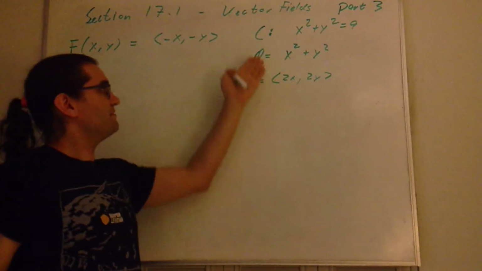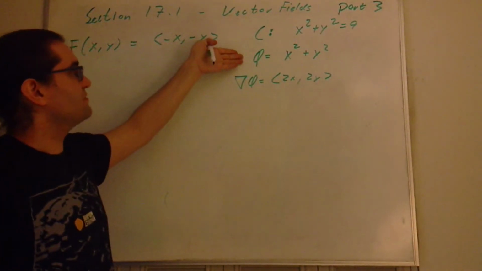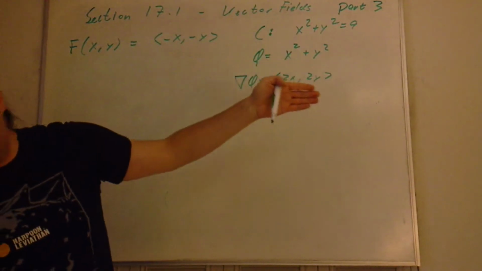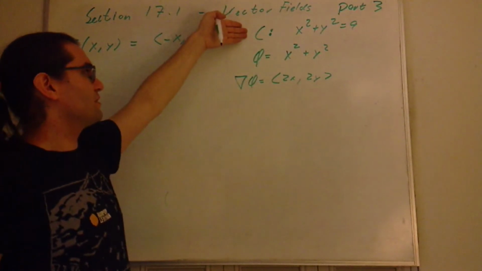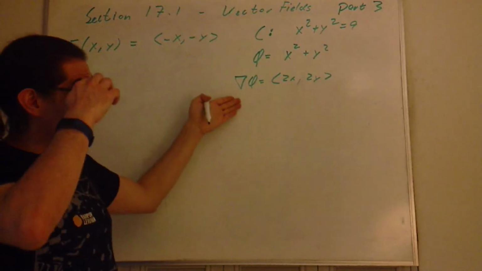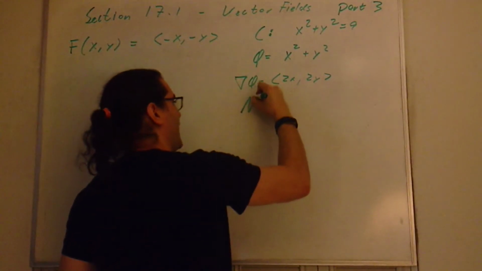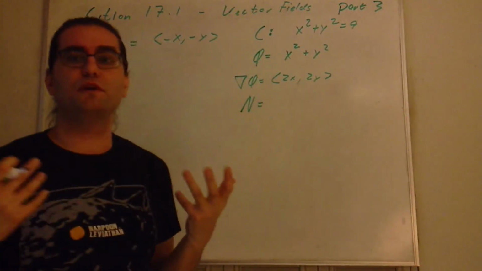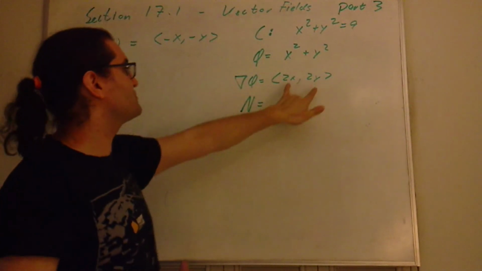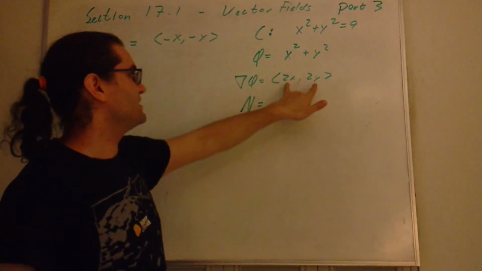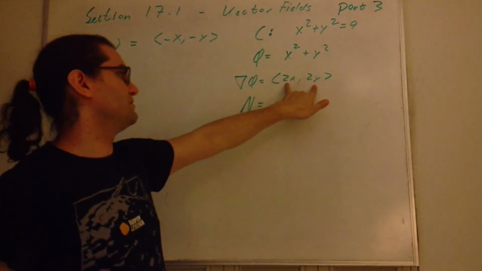We still have phi as our potential function, that this could conceivably be a level curve of. We still have this as a gradient. Now we need to create n. N is going to be a new vector field that is always perpendicular to this. I don't care what other characteristics it has, I just need it to be always perpendicular to this.